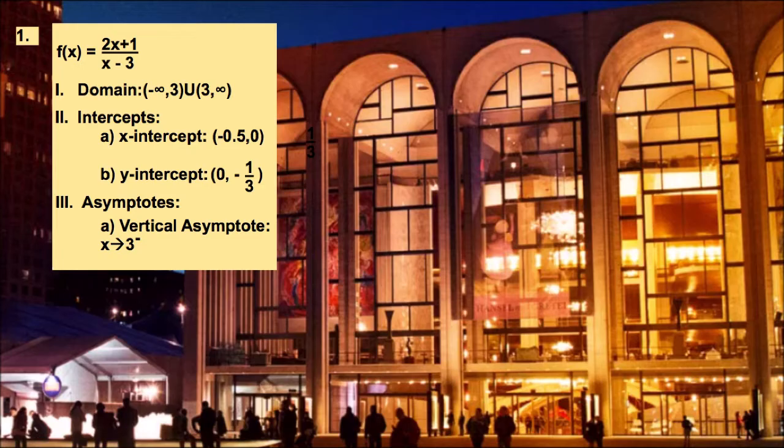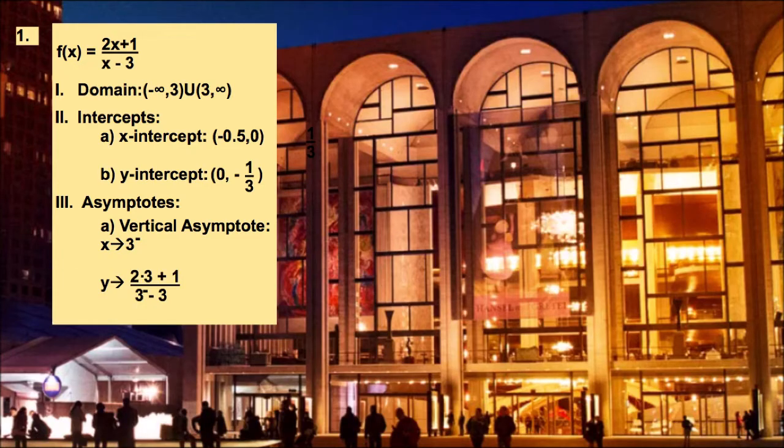when x approaches 3 from the left, y approaches 2 times 3 plus 1, everything over 3 from the left minus 3, which equals 7 over 0 from the left, which equals negative infinity.